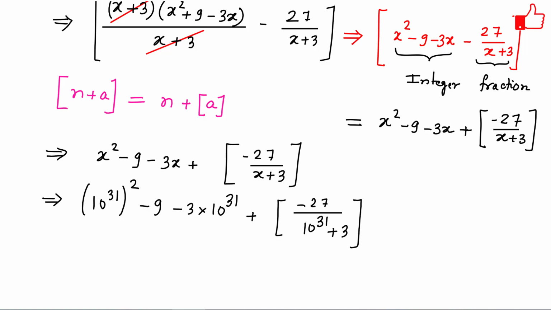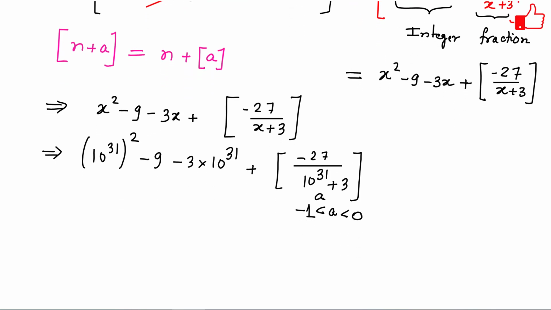Of course, this number is between 0 and minus 1. Let's say this number is a, then a is greater than minus 1 but less than 0. So what will be the greatest integer of this? The greatest integer of this is simply minus 1.